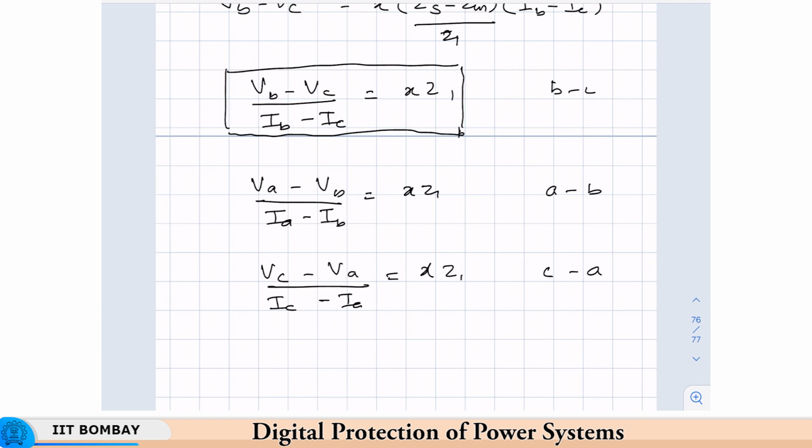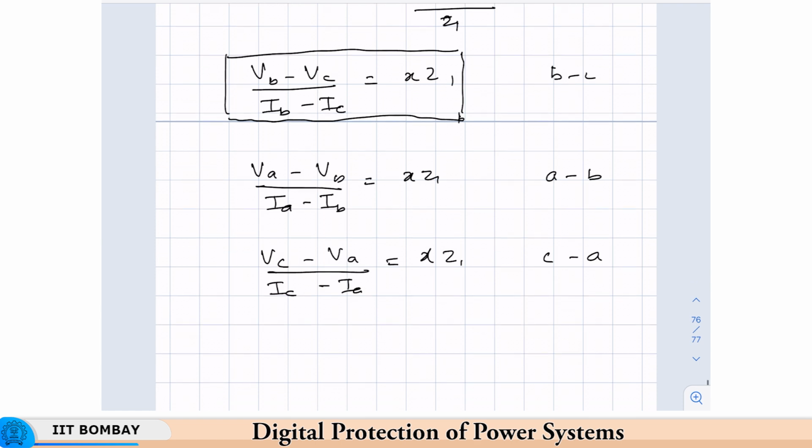Now what happens if there is a 3-phase fault? How do these elements see a 3-phase fault? What do these elements see rather? So let's quickly look at that. Say VB minus VC upon IB minus IC is equal to XZ1. Now assume that there is a 3-phase fault. What is VB?